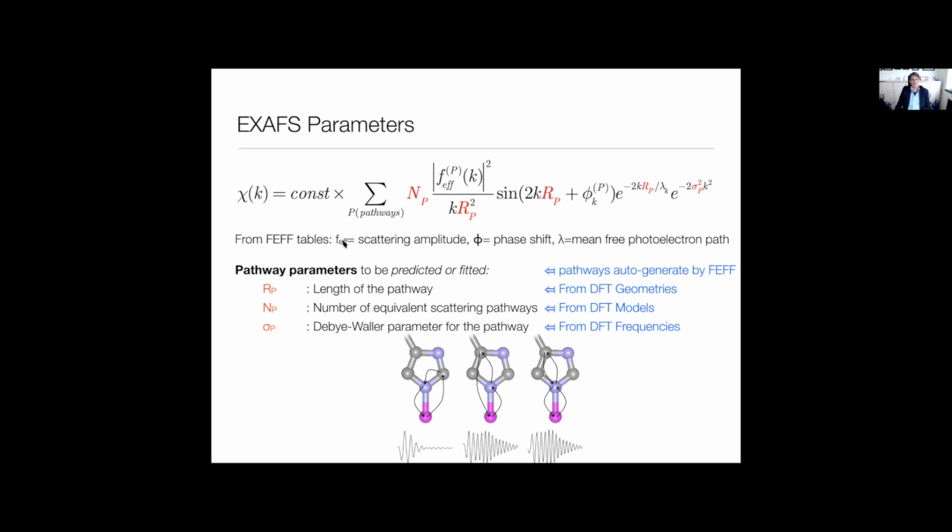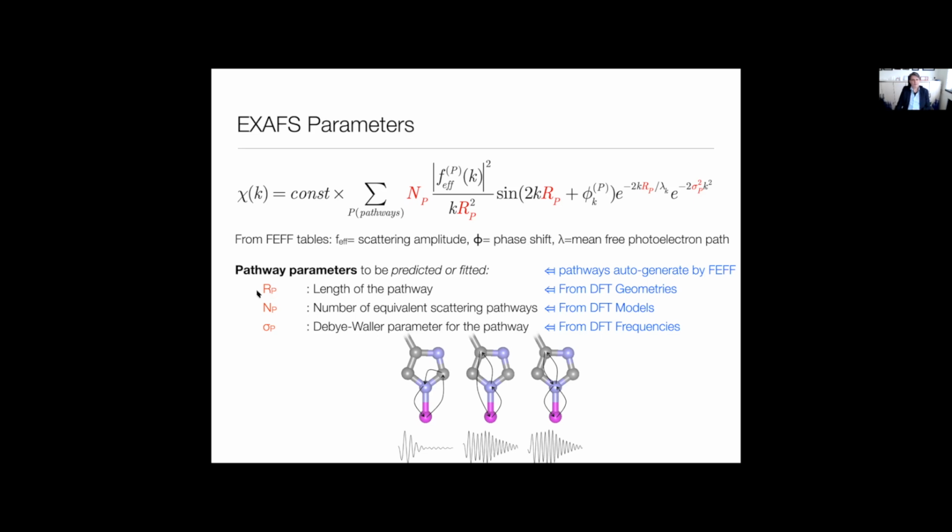And so there are a number of things like F_eff that come from tables that physicists have compiled, which are stored inside FEFF. There are scattering amplitudes, phase shifts, and mean-free photoelectron paths, and all of these things you know better than me.